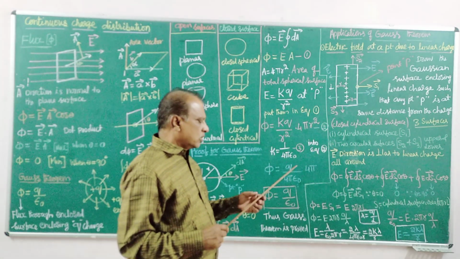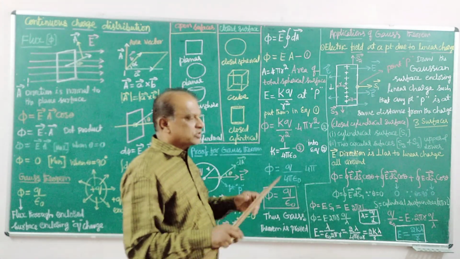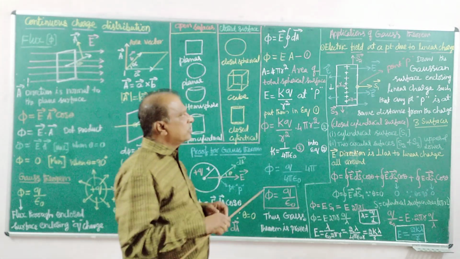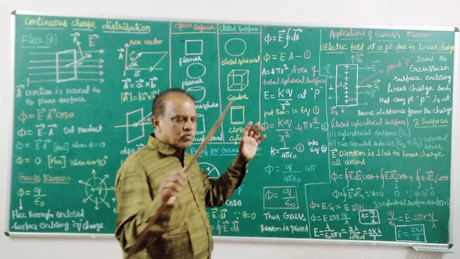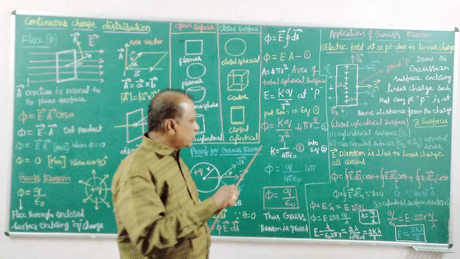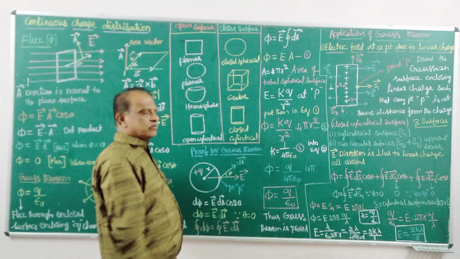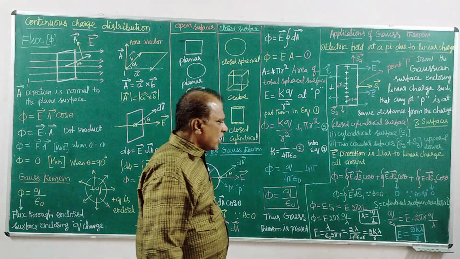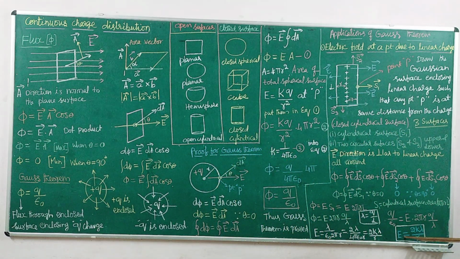I told you there are three types of charge distributions: linear distribution, surface distribution, and volume distribution. So this finds application as the easiest way of mathematical evaluation for electric field at any point due to those sets of electric charges.